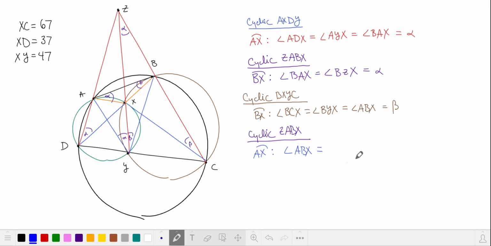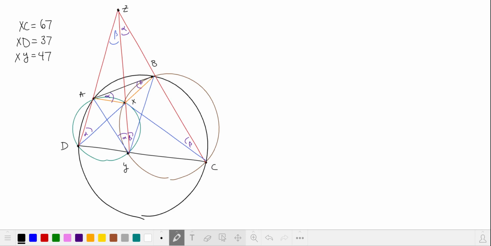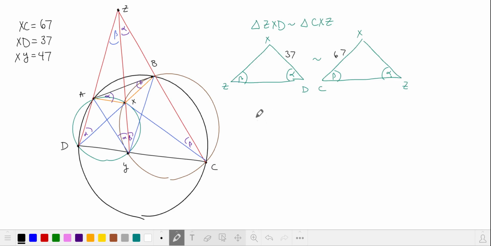And similarly, when we consider cyclic ZABX, and we note that the inscribed angle ABX cuts off arc AX, then angle ABX is also equal to angle AZX. So that's also equal to beta. We have a lot of congruent angles, so let's look for some similar triangles. We know a couple of side lengths, and a couple other side lengths are common. So we have XZ is the square root of 67 times 37.